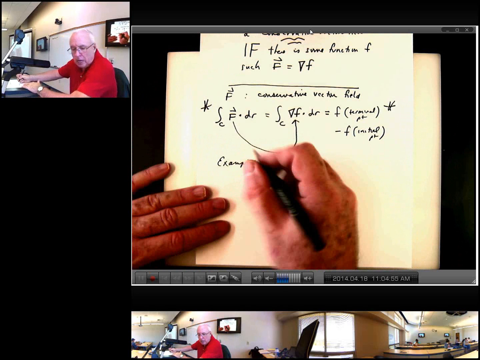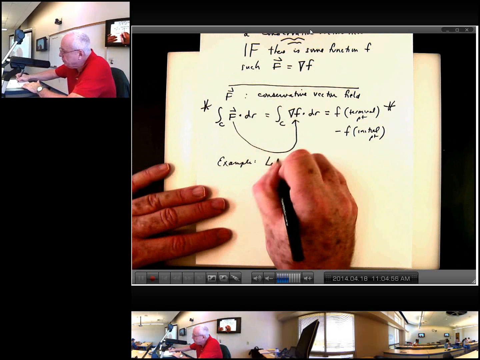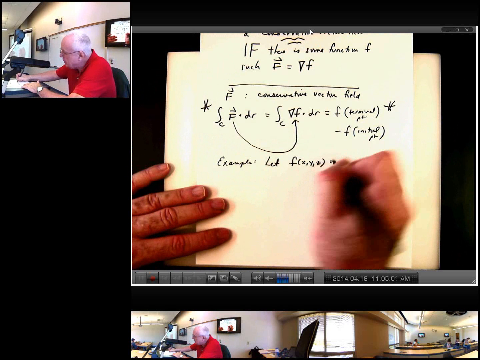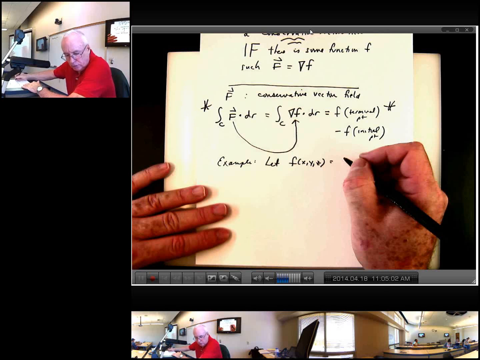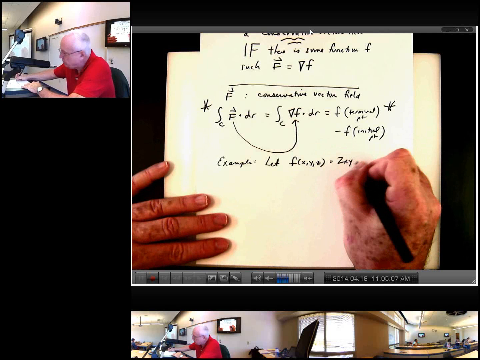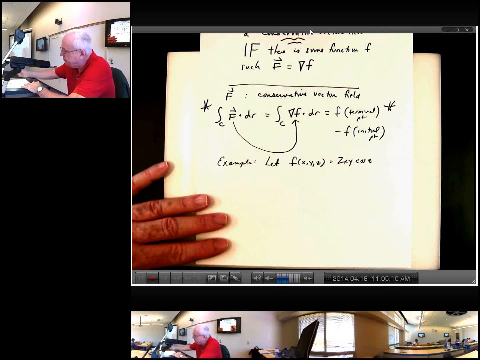Example: let little f of x, y, and z equal 2xy times the cosine of z.